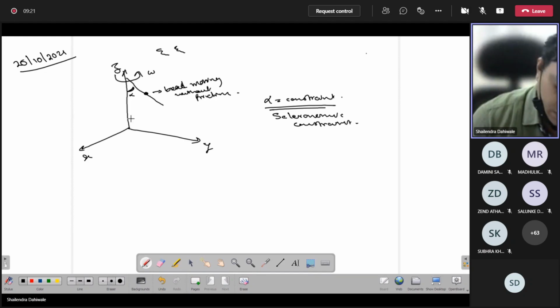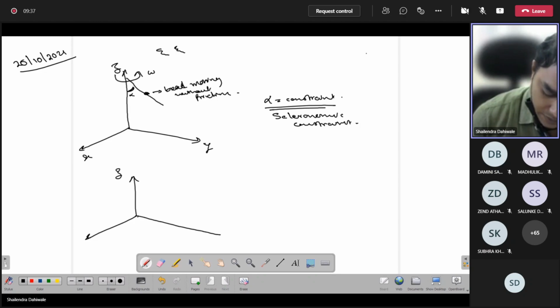To specify the position of this, you can take the projection. Here I'm choosing my origin at this point. And this wire, or you can say rod, is moving with angular frequency omega about the z-axis.